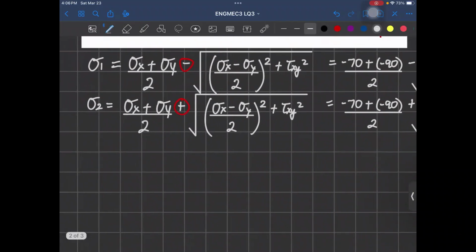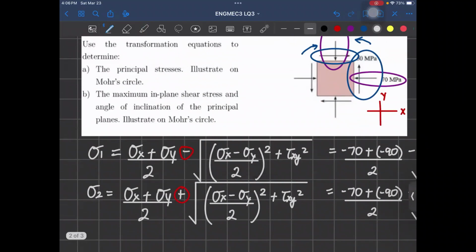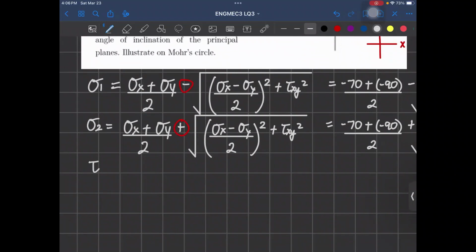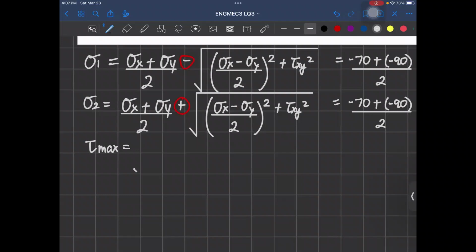Then let's get the maximum in-plane shear stress and the angle of inclination of the principal planes. For this, the transformation equation is tau max is equal to just the second term of the principal stress equation. So it's just the square root of the quantity sigma x minus sigma y over 2 squared plus tau xy squared.